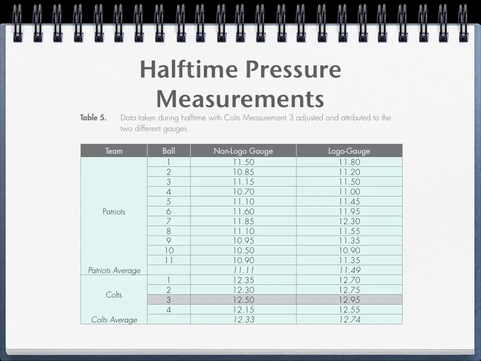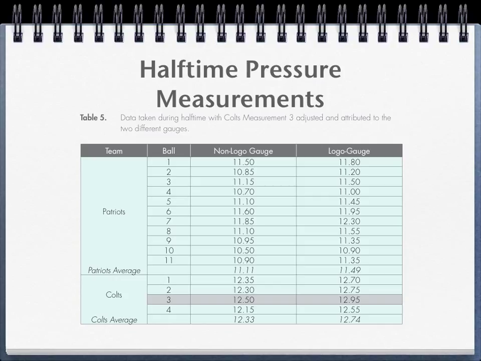And the non-logo gauge, according to a master calibration, is the correct gauge, is the correct pressure. The logo is actually a Wilson, the manufacturer of the ball, logo, and the non-logo gauge just simply doesn't have a logo. So there's no technical significance to logo or non-logo.